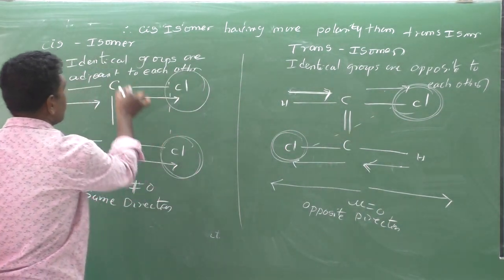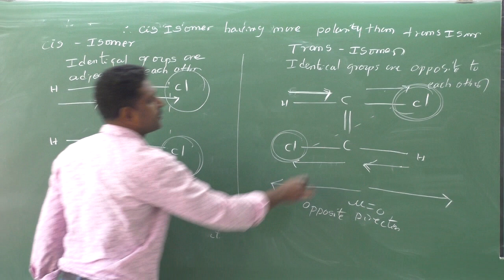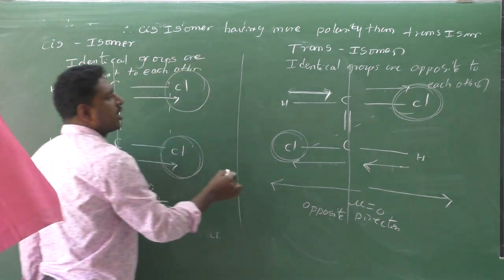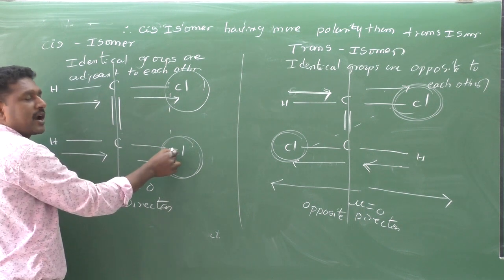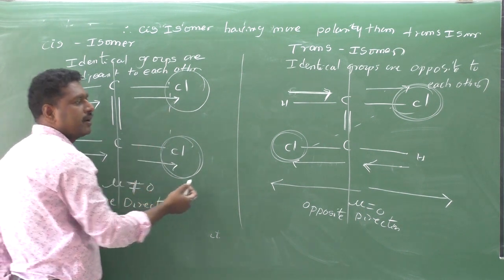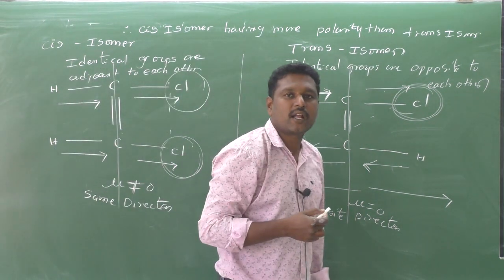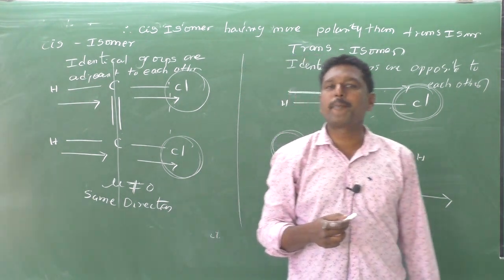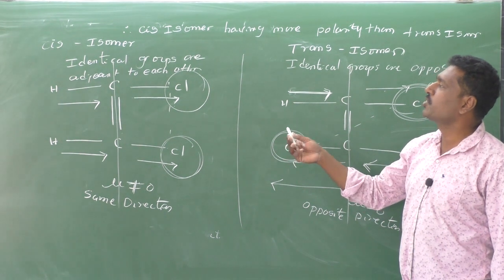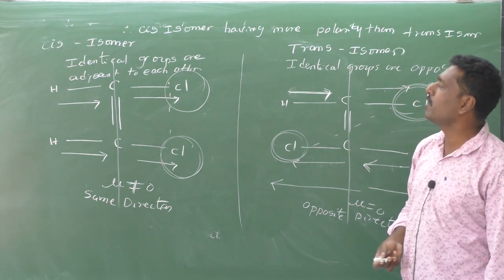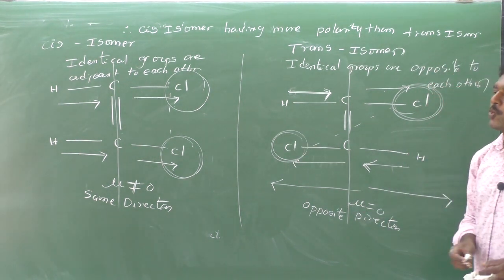Here same direction. If it is considered as a plane, these chlorine atoms are on the same side of the plane. Here chlorine atoms are on opposite sides of the plane. Therefore this is also a very important thing to separate cis isomer and trans isomer.